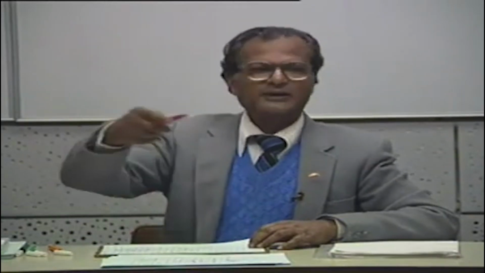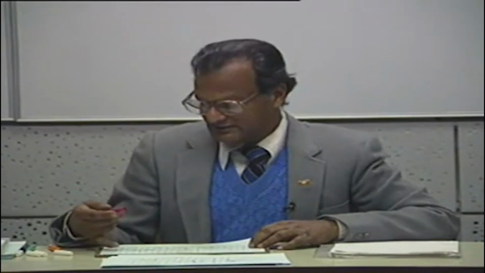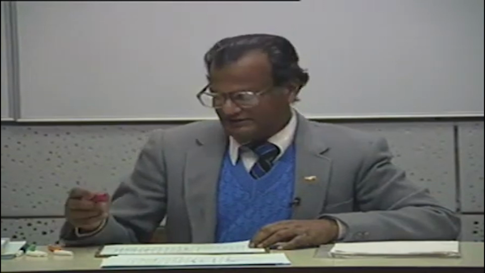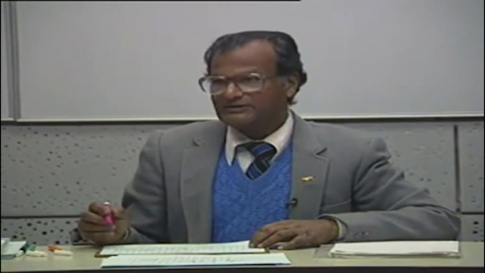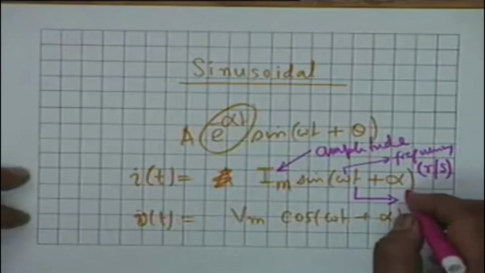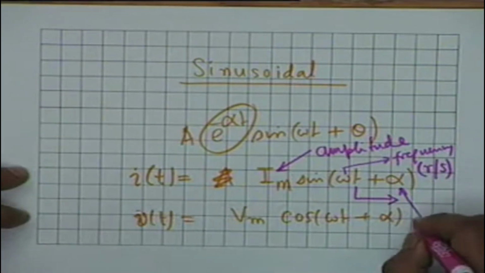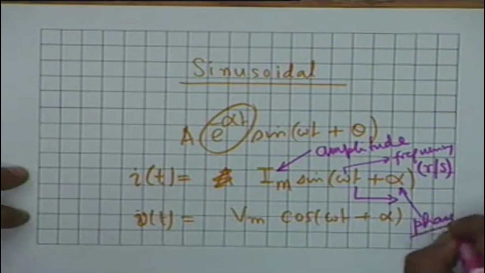You know, a particle executing simple harmonic motion can be described by another particle revolving around a circle. So the number of complete circles it executes in 1 second is the frequency. Omega is the frequency in radians per second, t is the time in seconds, and alpha is called the phase, or actually the nomenclature should be initial phase.